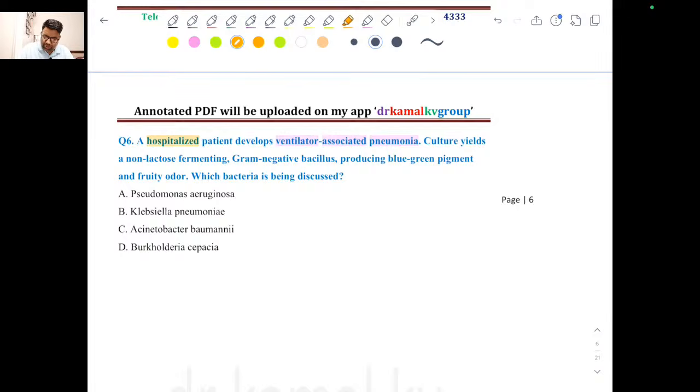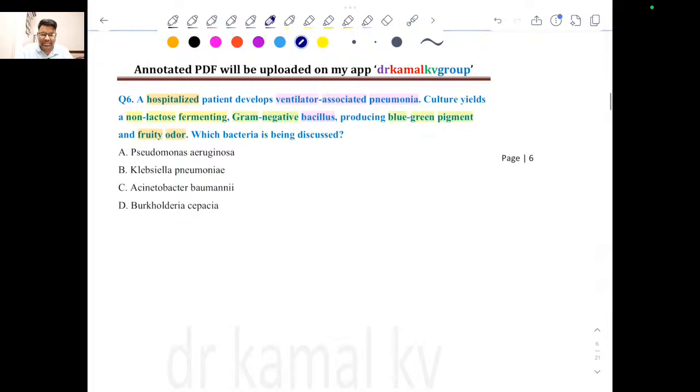Culture is showing a non-lactose fermenting gram negative bacillus which is producing blue green pigment and fruity odor. Which bacterium is being discussed? So let us take the keywords.